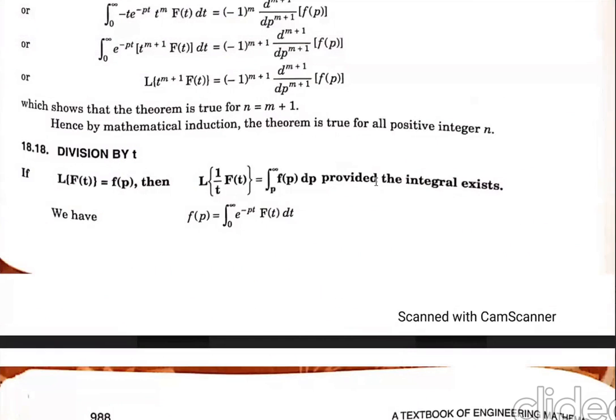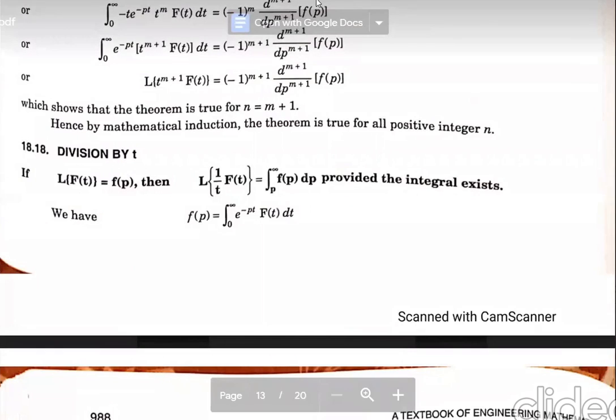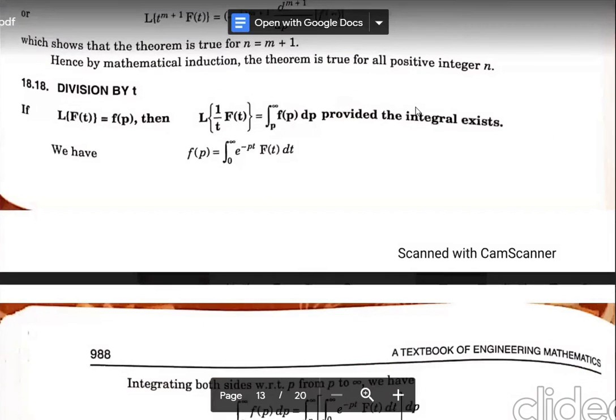Now next is your division by t. If you know the Laplace transform of f of t is your F of p, then the Laplace transform of f of t by t, what is the Laplace transform of this?